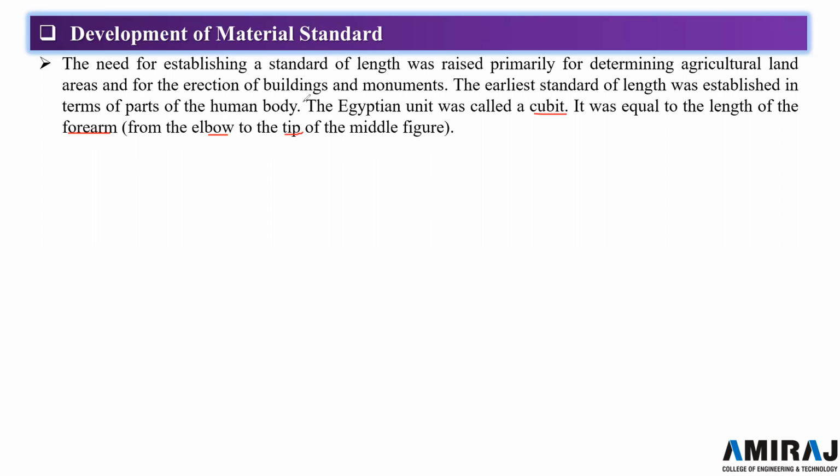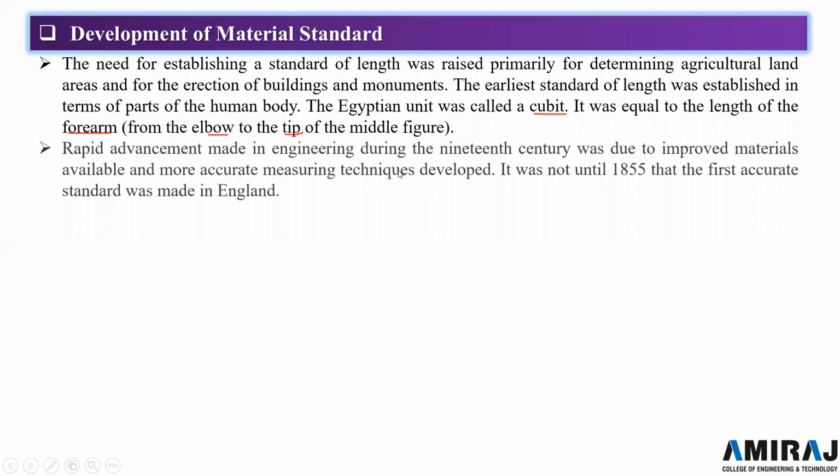Okay. Now, the rapid advancement made in engineering during the 19th century was due to improved materials available and more accurate measuring techniques developed.